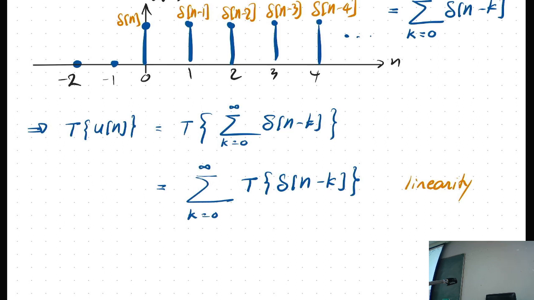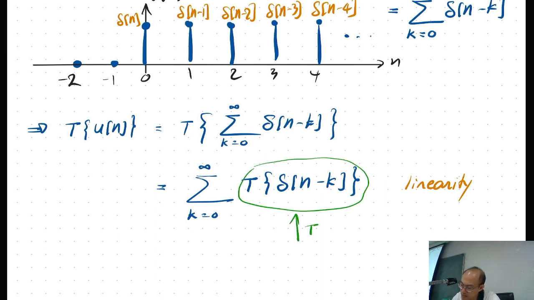This is just the output of the system when we shift the input delta by k samples. But we know that system T is invariant to shifting, because it is time invariant. So this is just the output of T when the input is delta shifted by k samples.